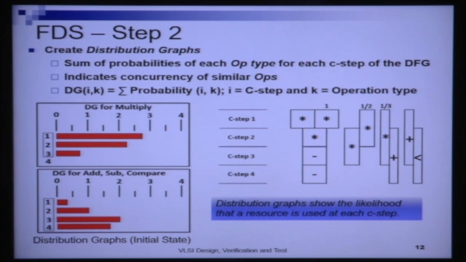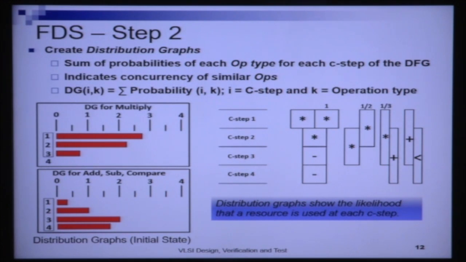It is the sum of the probabilities of all operations of a given type that are possible to schedule at a given time step. That means, at time step 1 of type multiplication, there are 4 possible operations that can be scheduled in time step 1, and the sum of their probabilities is 1 plus 1 plus half plus 1/3, and that is around 2.8.